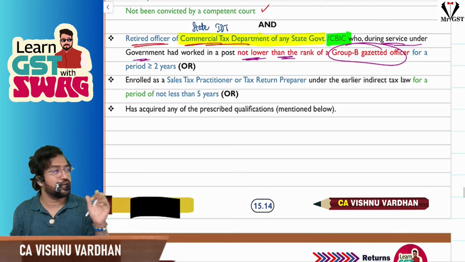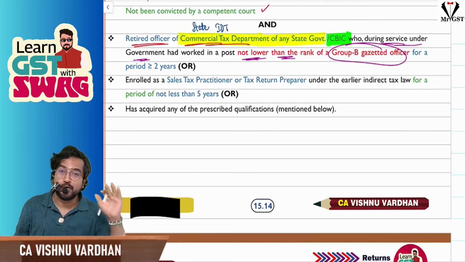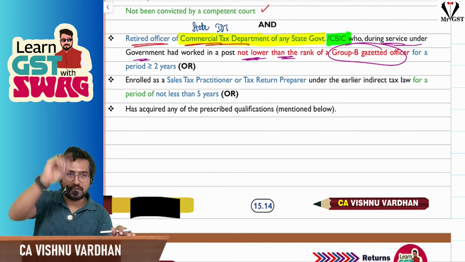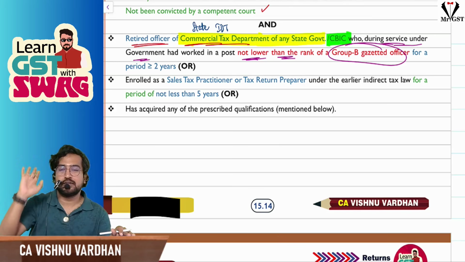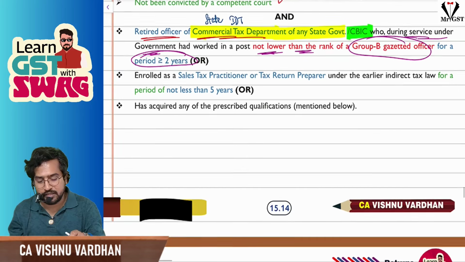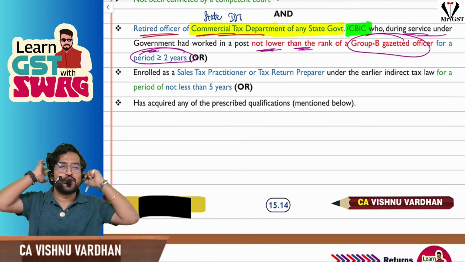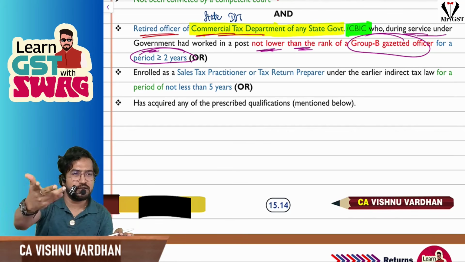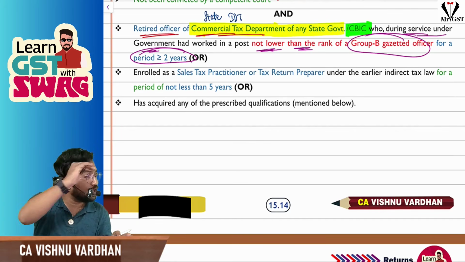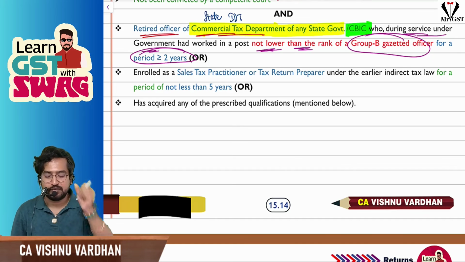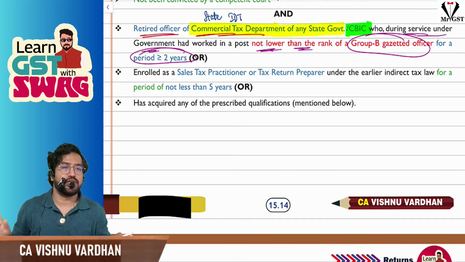Group B, not DC. It will start with DCB. Next only Group A. Group B gazetted officer minimum rank for 2 years. If you work for that for 2 years, you need not work for anything later. Because of the knowledge and all the experience they gained, you should have that experience of not less than Group B gazetted officer for minimum 2 years.